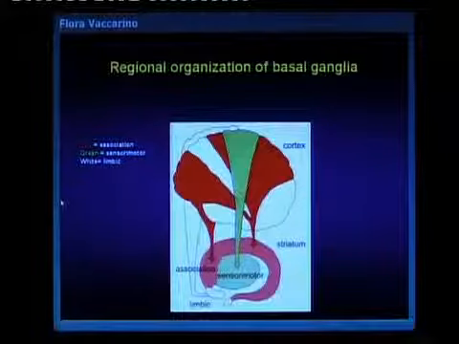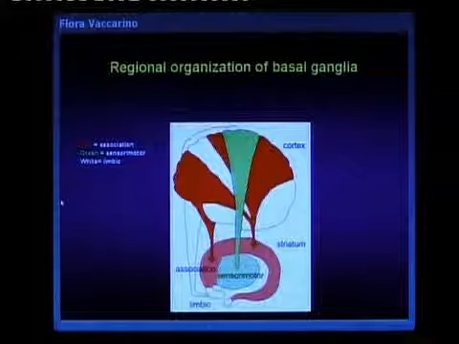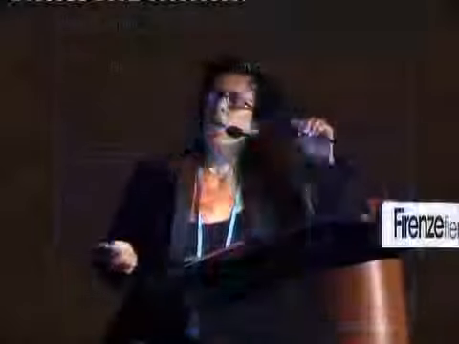Now, the interesting thing is that the anterior part of the caudate, also called caudate head, receives from prefrontal cortical regions. The whole caudate actually receives mostly from associative cortical regions. These are the regions of the cortex that are not directly involved in sensory motor information, but they are involved in the further elaboration of inputs.